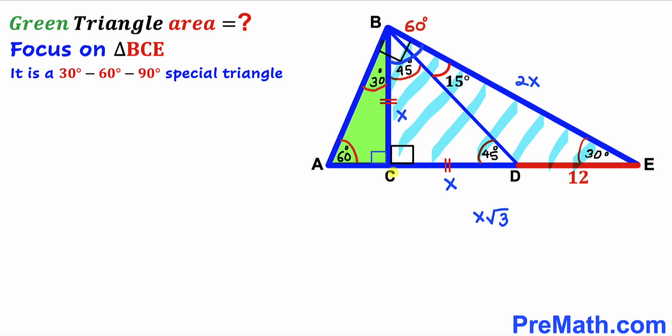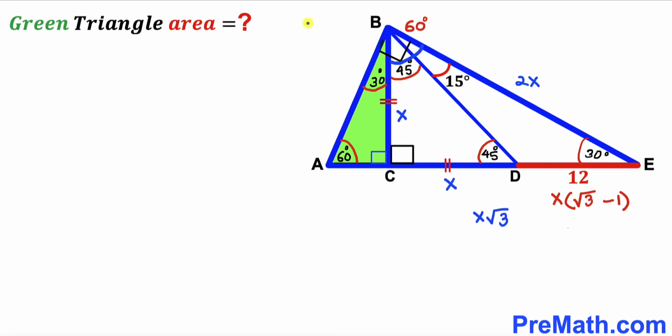We know this CD segment length is x. Therefore this segment DE length is x times the square root of 3 minus x. Now we can factor out x, so x is outside, and in parentheses is square root of 3 minus 1.